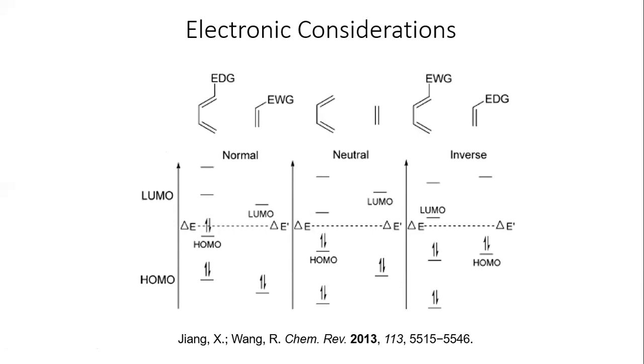We're going to talk more about the inverse demand, and we're going to talk more about the regiochemistry this week, because today we'll probably just get into Danishefsky's diene, which was a very important discovery, and then we'll get a little bit more into the asymmetric catalysis of it, and then we're also going to talk about the hetero Diels-Alder as well as other types of Diels-Alder reactions. All right.